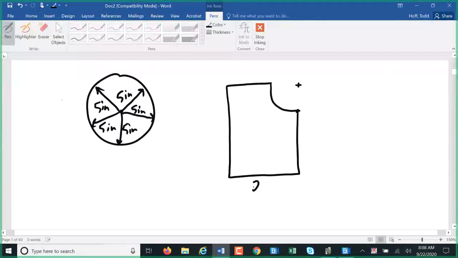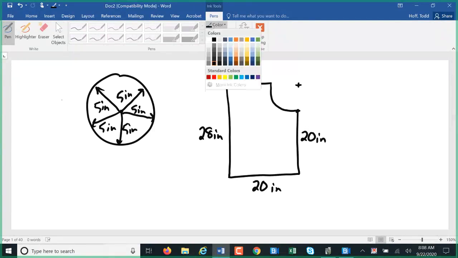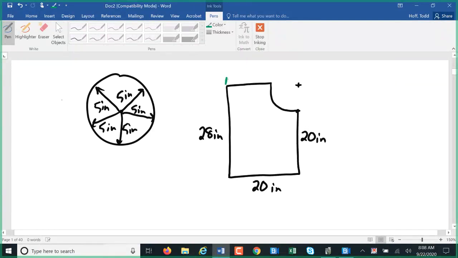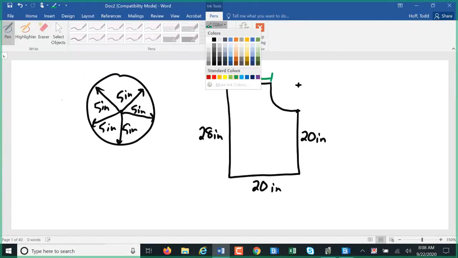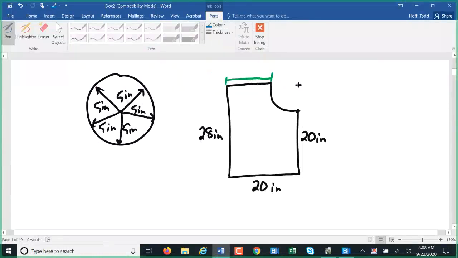If I tell you that this down here is 20 inches, and this here is 28 inches, and let's call this over here, let's just go with 20 inches again, I can find this dimension here now. The reason I can find it is because that portion of a circle has to have the same radius in every direction.